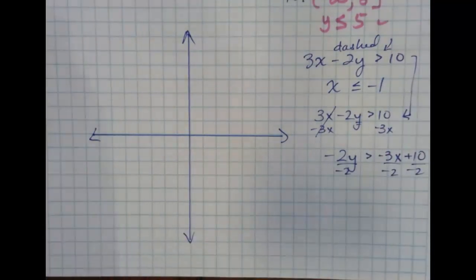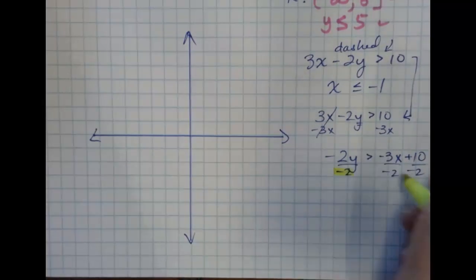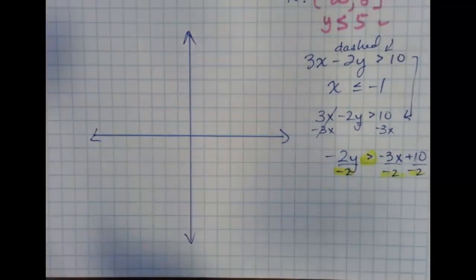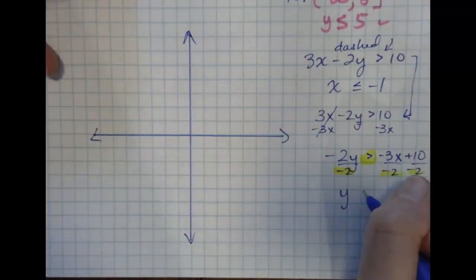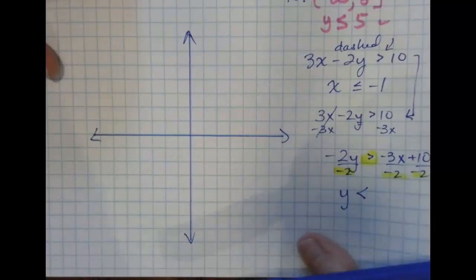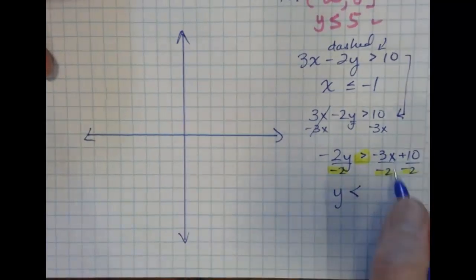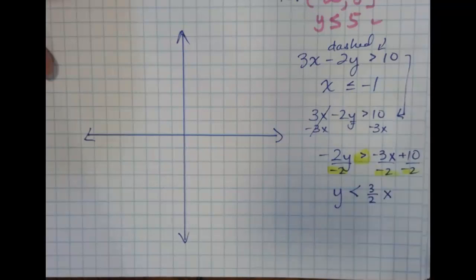And please recall that if we divide by a negative, we have to flip that sign. So we are going to end up with y is strictly less than -3 over -2, which is +3/2 x, and 10 divided by -2 is -5.